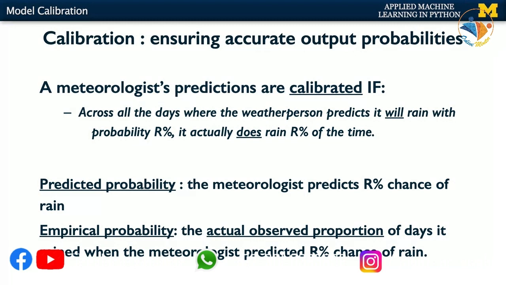So they predict an R% chance of rain. And then we have the empirical probability, which is the actual observed proportion of days that it actually rains when the meteorologist predicts an R% chance of rain. So again, the meteorologist's predictions are calibrated if their predicted probabilities are equal to their empirical probabilities.